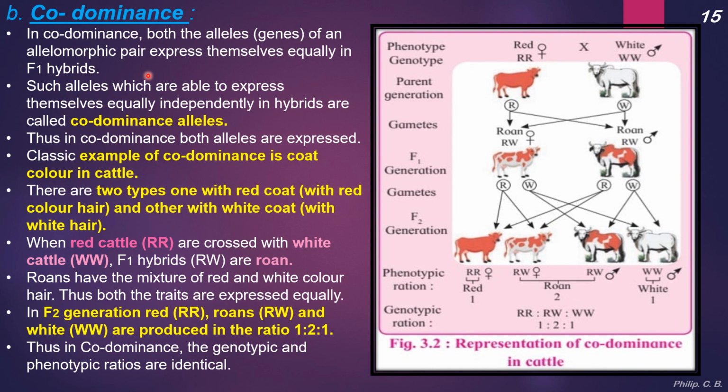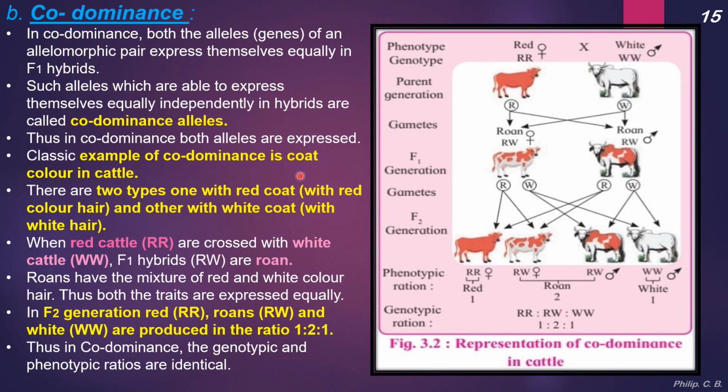Here both are expressed. So such alleles which are able to express themselves equally and independently in a hybrid are called codominant alleles. Thus in codominance, both alleles are expressed.